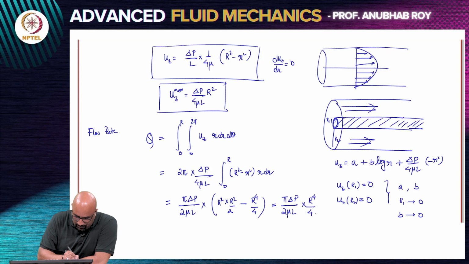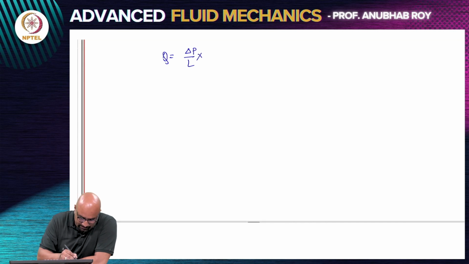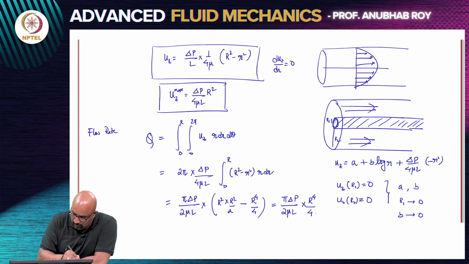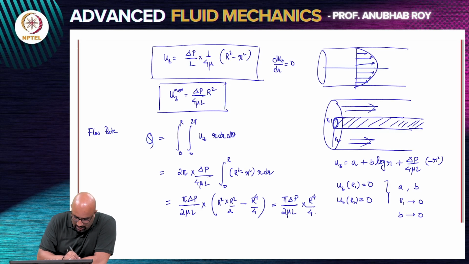So, your flow rate is del p by L times pi R to the power 4 by 8 mu.